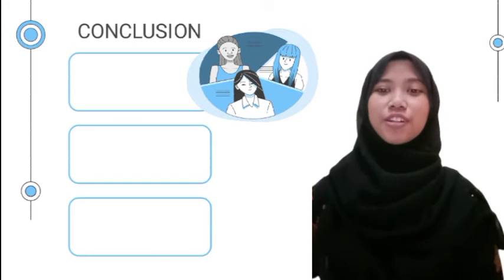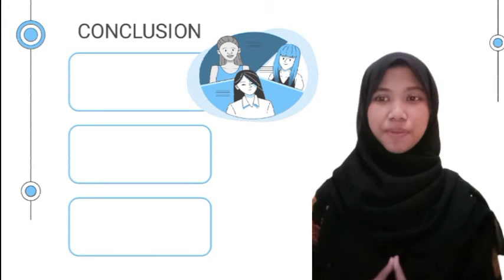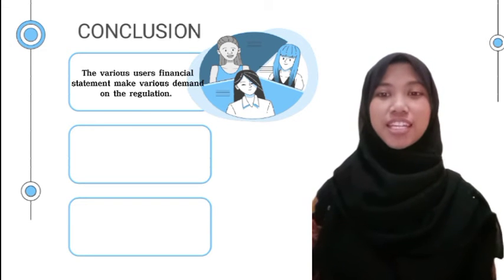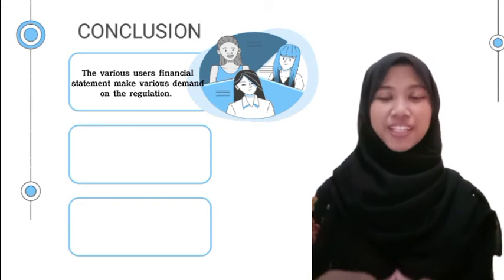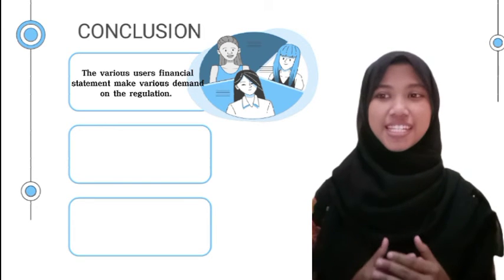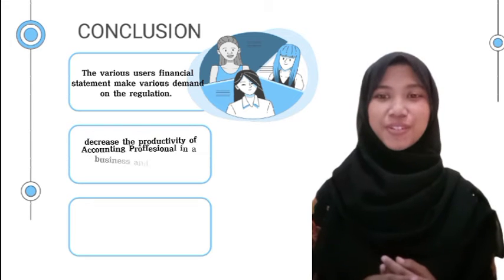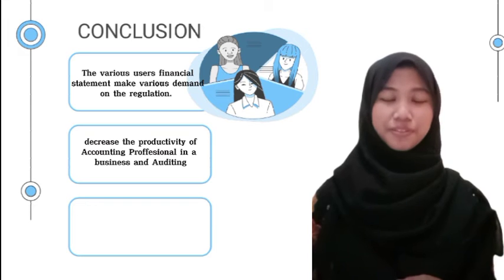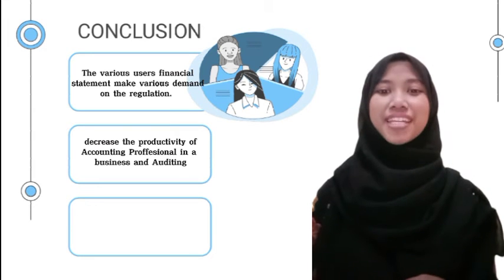Based on all of my explanation, my conclusion for this material is that in fact the application of accounting in the field varies greatly, so there are many differing needs in accounting regulation, and this condition will have a negative impact on performance due to the many accounting standards.